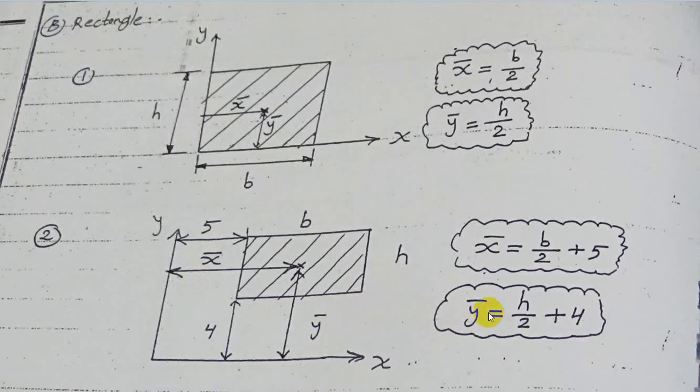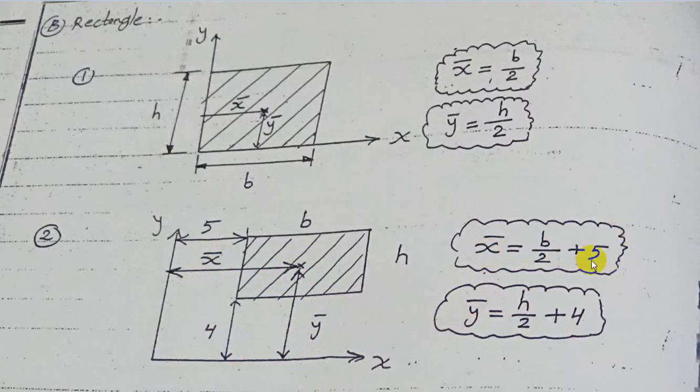As you can see, the y dash is going to be considered as h2, the altitude, plus the distance determined right here, the 4 plus 4, plus the 4, the distance. The x dash is determined by the following formulation: b2 plus 5.